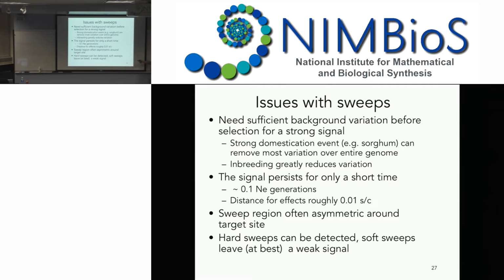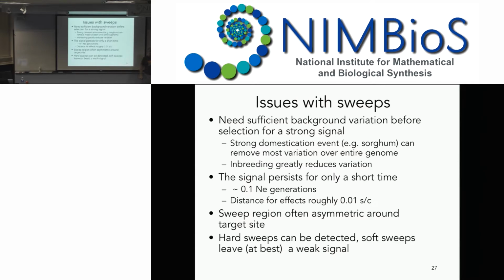As I mentioned, the sweep regions are often asymmetric about the target site. You simply can't take a sweep region, take the middle of it, and say that's where the target site is. Hard sweeps can be detected, whereas soft sweeps leave at best a weak signal. Many tests that can detect hard sweeps will miss soft sweeps entirely. Tests for soft sweeps can miss hard sweeps entirely. So you have to apply the right sort of test.